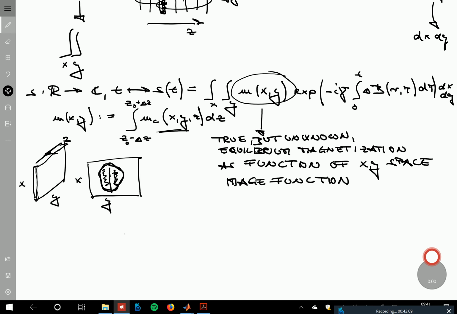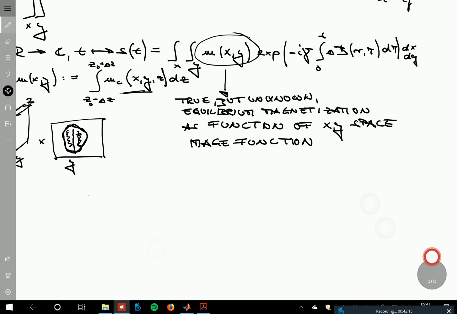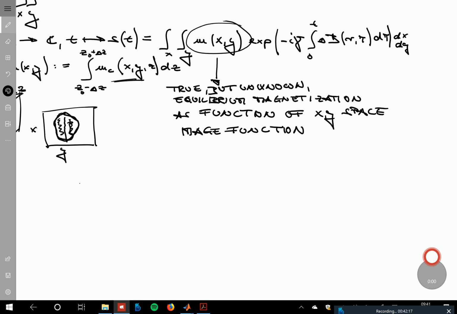Good, so that's the image function, and finally we do one final simplification, namely that we assume linear gradients.